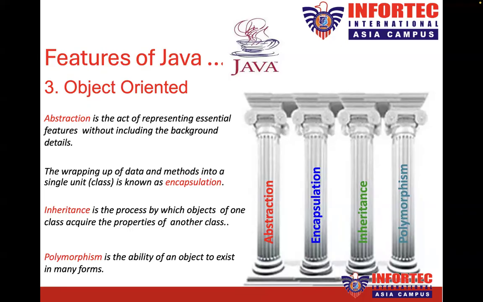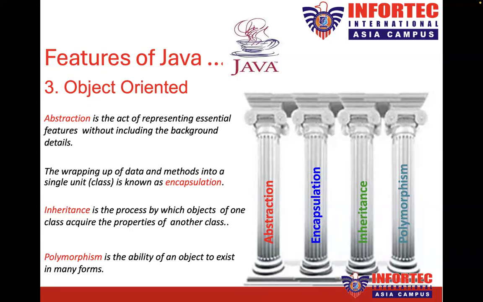As I told you in the previous recorded session, if we want to practice object-oriented programming, we have to practice these four principles. These are the four pillars, the four strands of object-oriented programming.